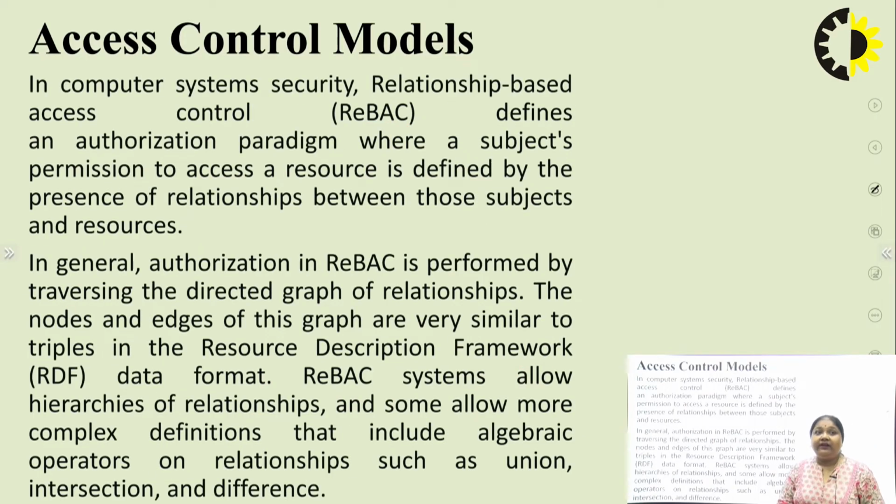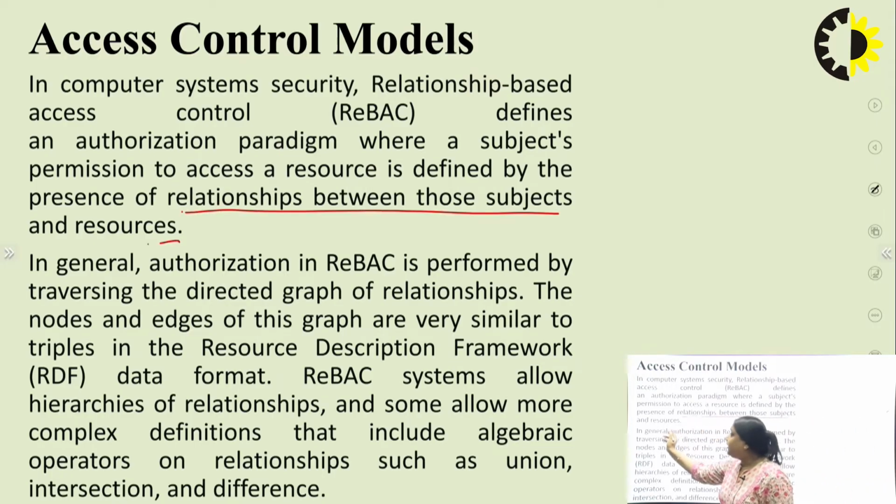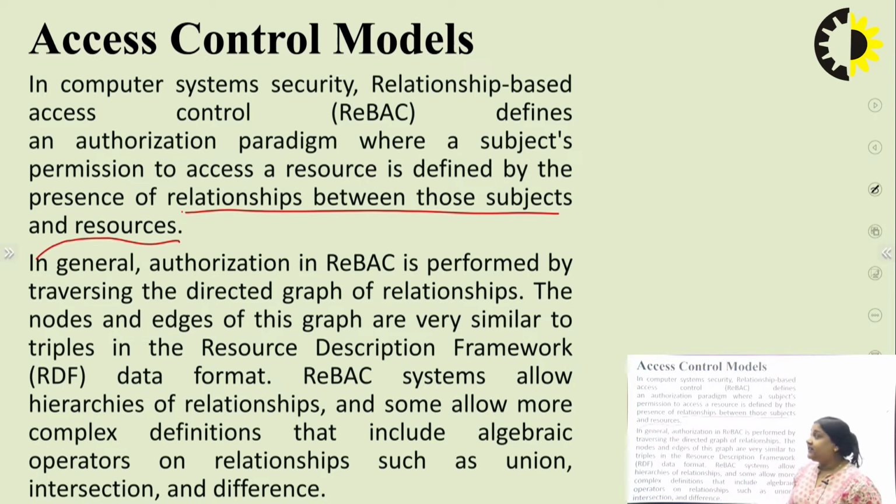Next is relationship-based access control, that is ReBAC. It defines an authorization paradigm where a subject's permission to access a resource is defined by the presence of relationships between the subjects and resources. Authorization in relationship-based access control is performed by traversing the directed graph of relationships.